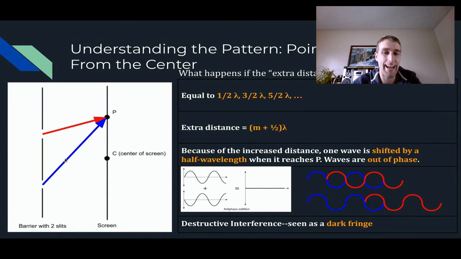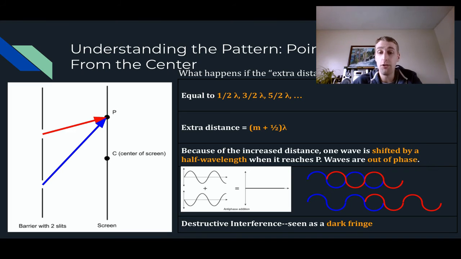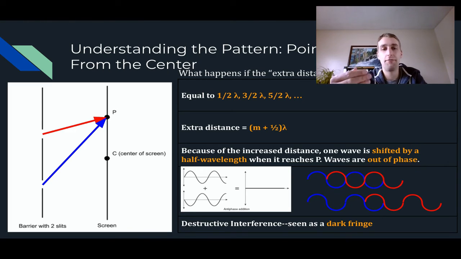If it's exactly half of a wavelength, you can see that the blue wave gets to that point a little bit later. Why does it get there later? Because it has to travel farther. If they started here at the same time, but the blue has to travel a little farther, it just gets there later. But also because it has to travel a little bit farther, it gets there out of phase.